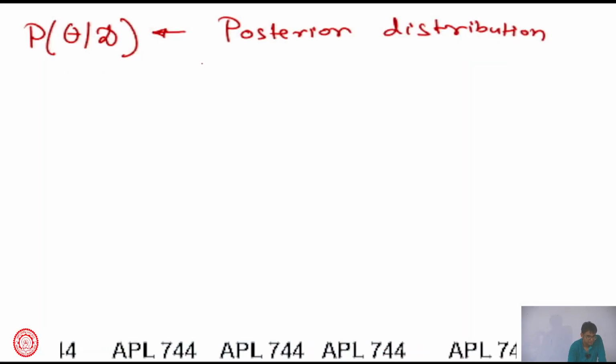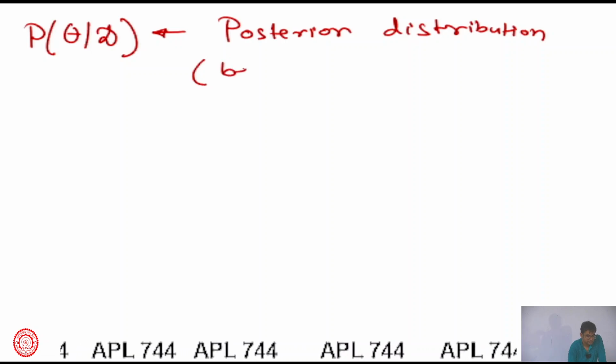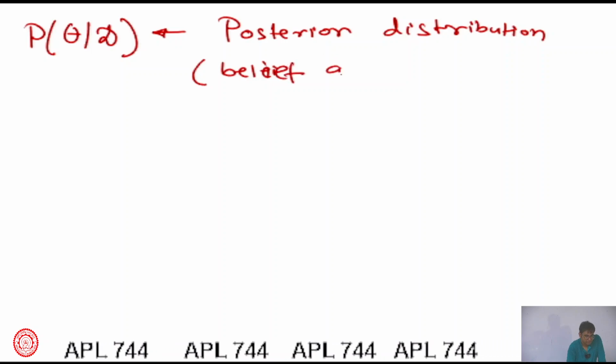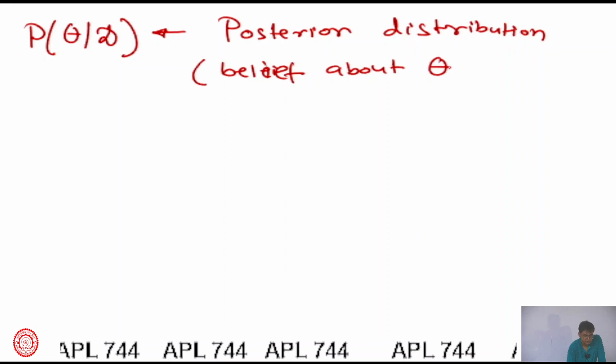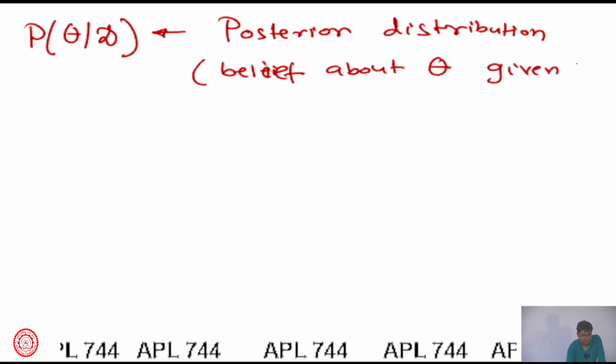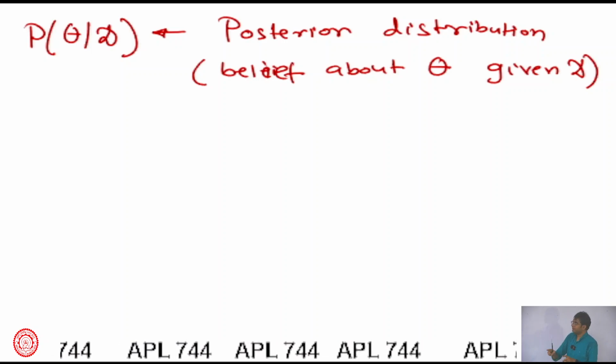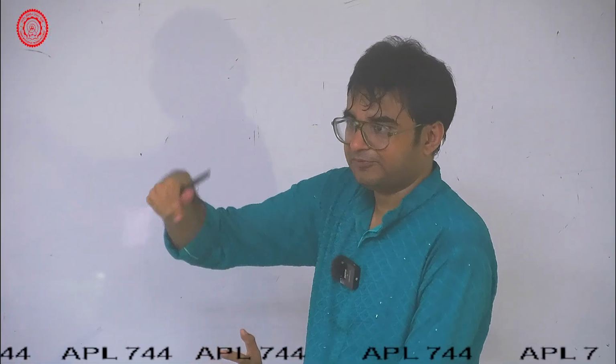Given that I have made some observations from the data, what is now my belief about theta? We call it posterior because it is your belief after, that is post, you have observed the data. That is why the term posterior, clear.